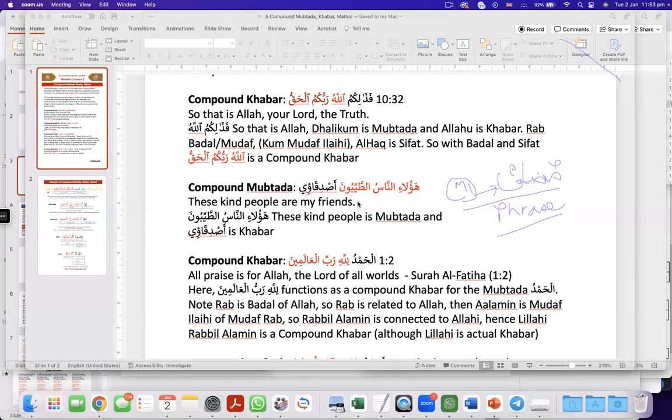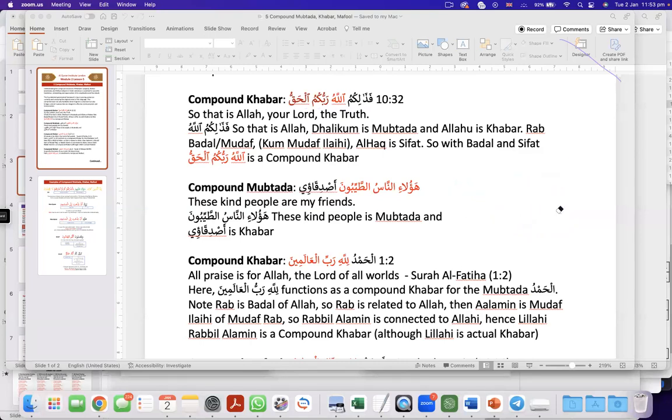Now we are looking at a compound mubtada. Alhamdulillah. Brother Muhammad, if you don't mind, could you just read it and read the translation as well for me, please? Yeah. Haula'i an-nasu tayyibuna.